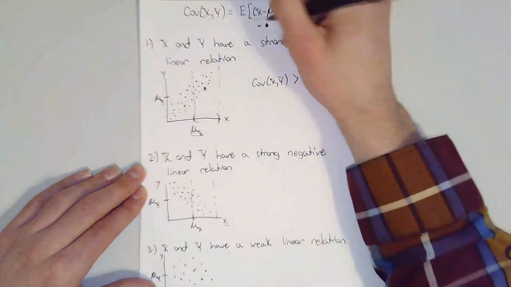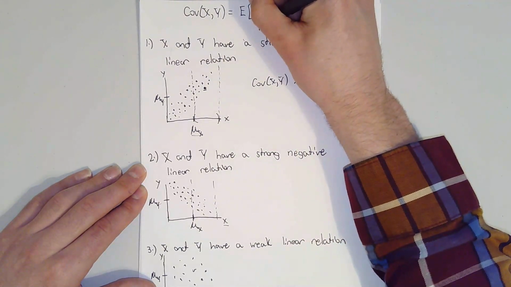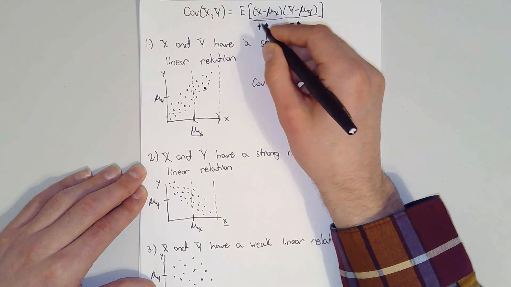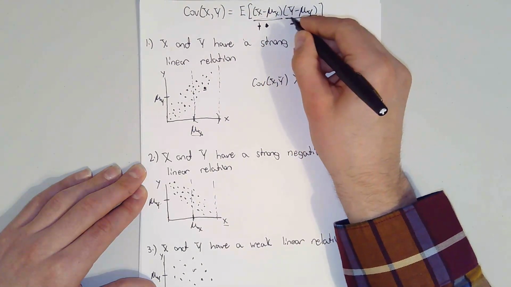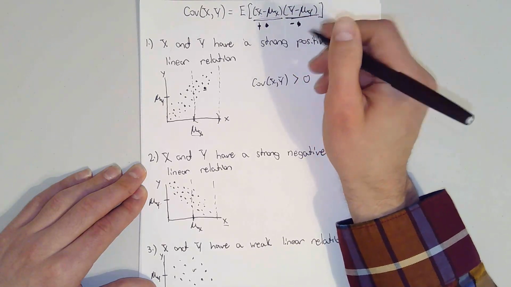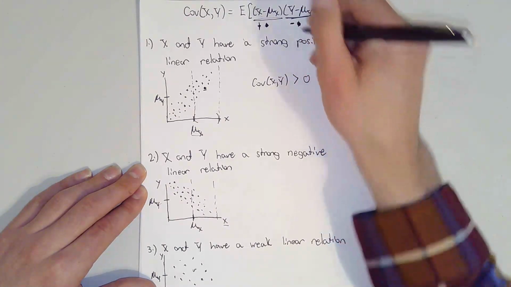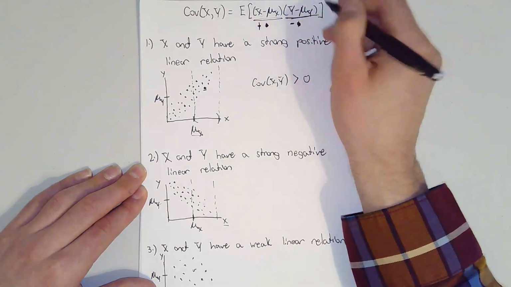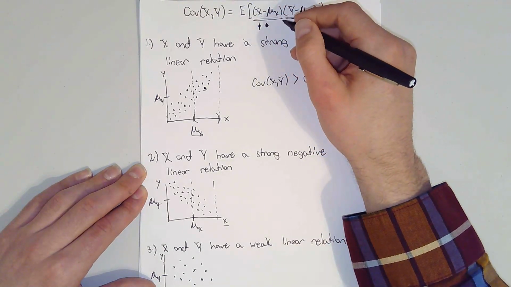So therefore, when this underlying quantity here is positive, we can expect this underlying quantity, capital Y minus mu sub y, to be negative. In other words, the inside expression here is a negative number.